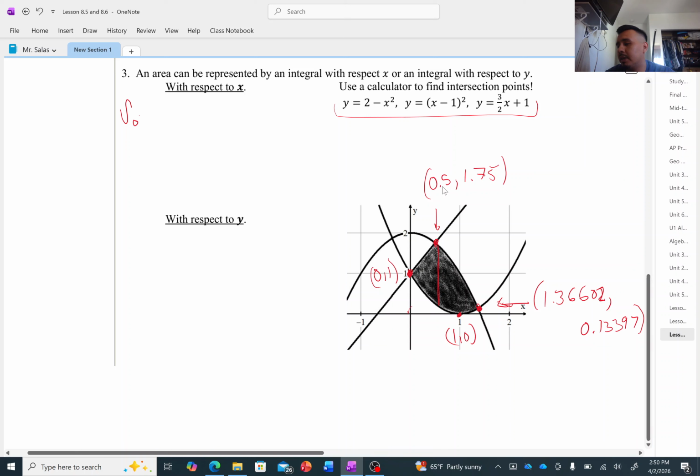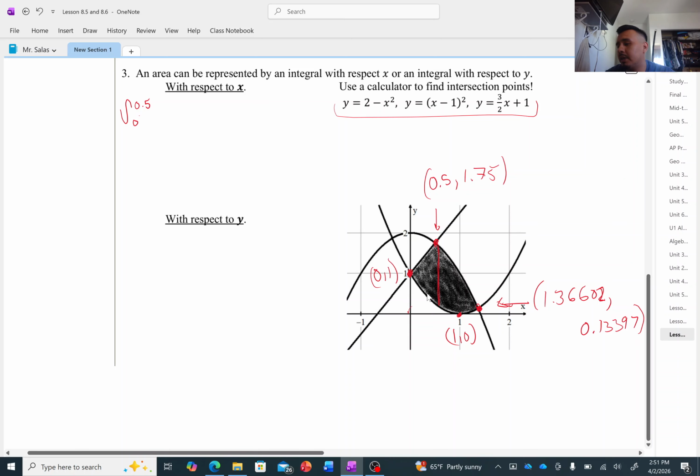The x value would be 0.5. So it's bounded between 0 and 0.5. Okay. Now, my integral that goes first, my graph that comes first would be this line, my linear line, right? My lower one would be this parabola.